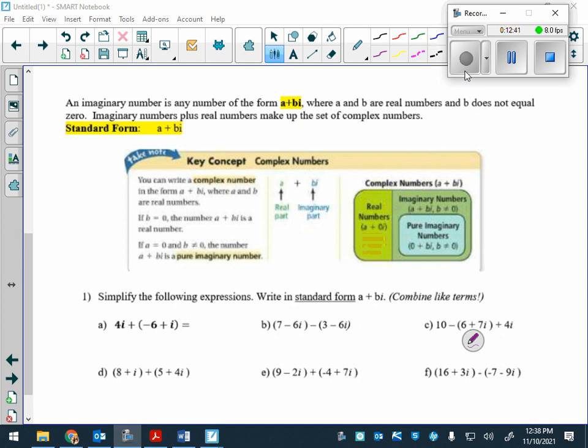However, operations are very simple: for adding and subtracting, you're just combining like terms. Your final answer, however, needs to be in standard form. It's your real number plus your imaginary, or your real number minus your imaginary. That's what standard form is, and that's how it has to be.